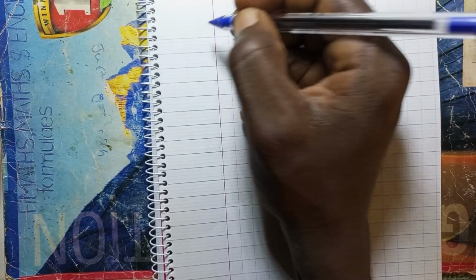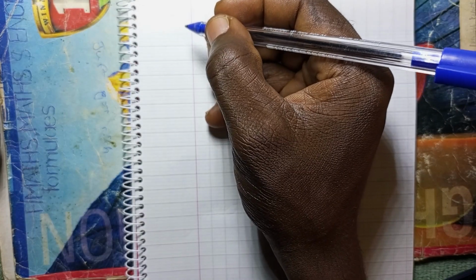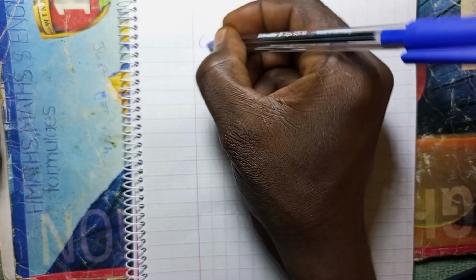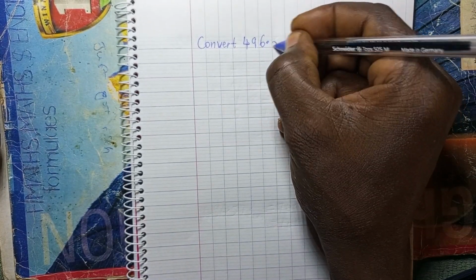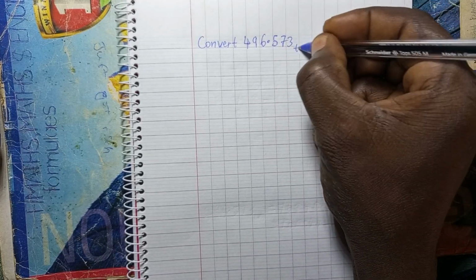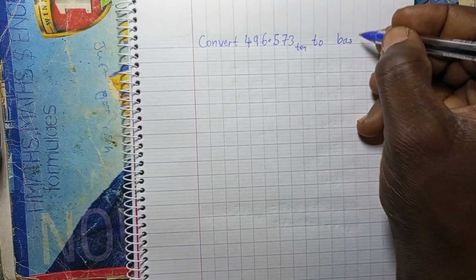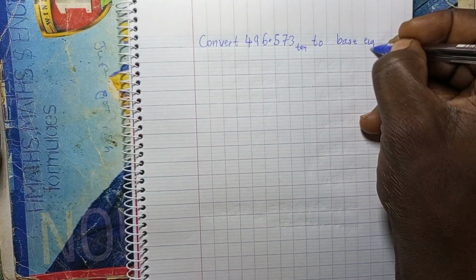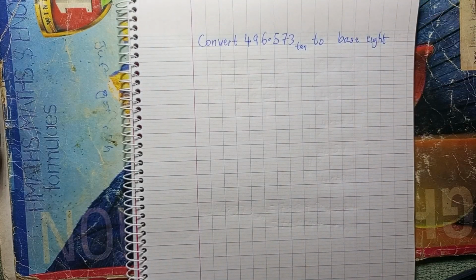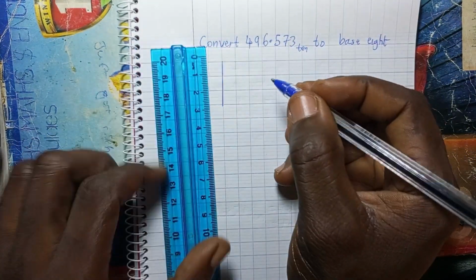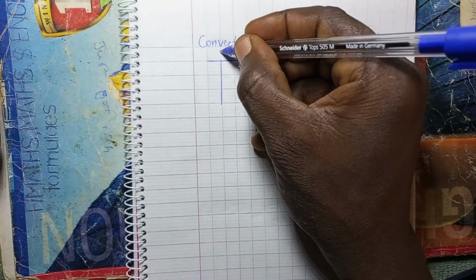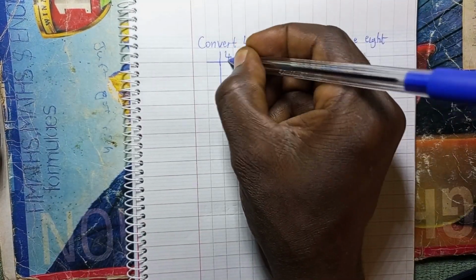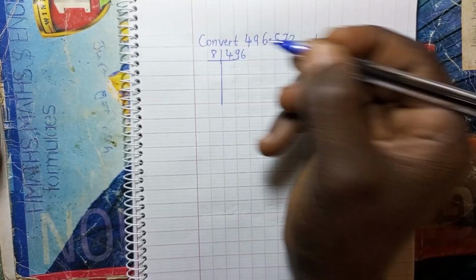And finally, the last one, number 2D, says to convert 496.573 base 10 to base 8. And as usual, draw the line this way, and then cross it. So right there, the whole number part which is 496, and that 8 here because we're dividing by 8.